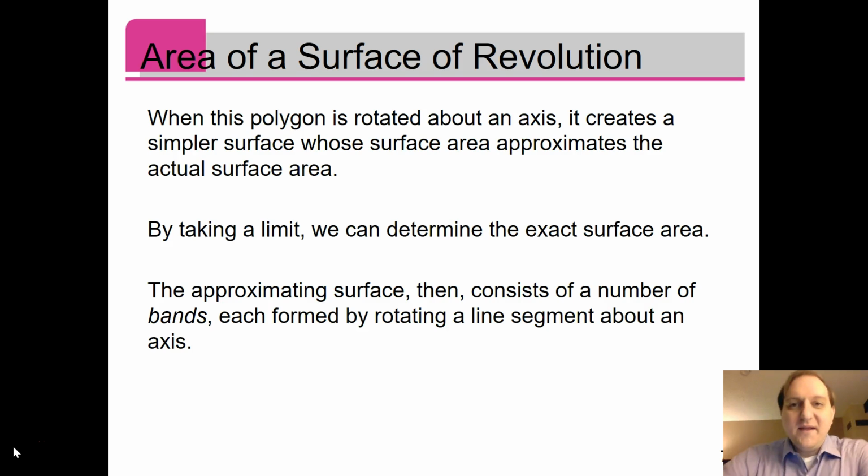Okay, sorry about that. All right, so as I was saying, we're going to use those connected line segments and rotate them in order to get a simpler surface that we can find the area of, and then as we take the number of segments to infinity, and we take the limit and we add it all up, we get the exact surface area. So the basic shape for the approximation when we do that revolution is called a band.